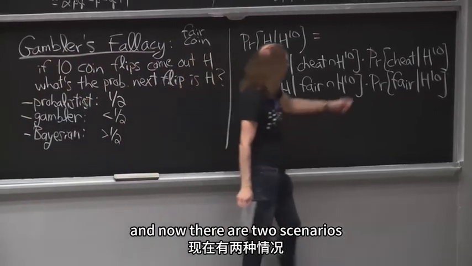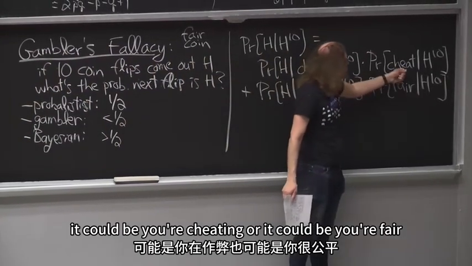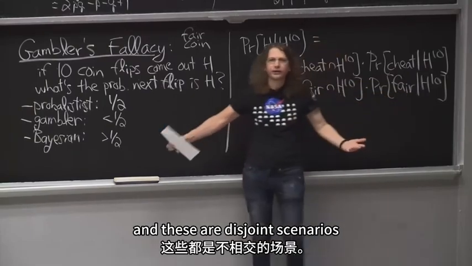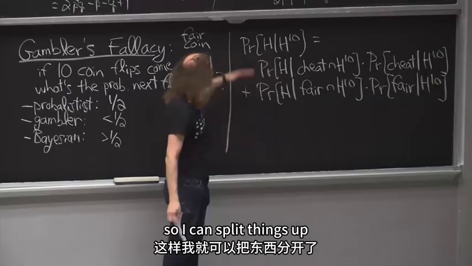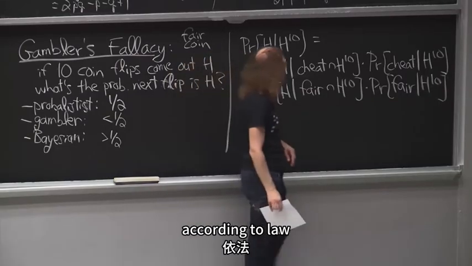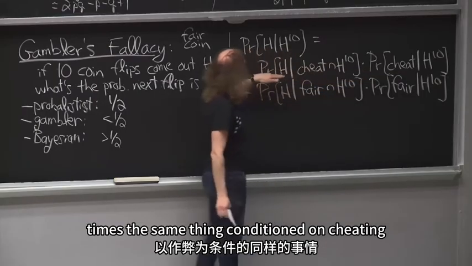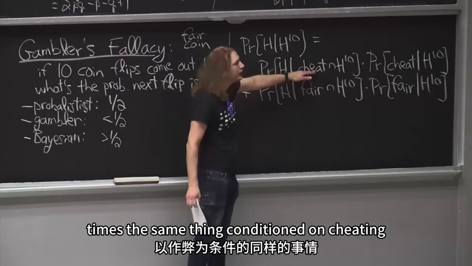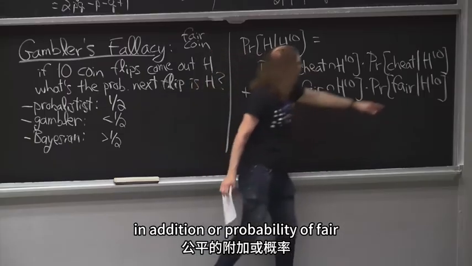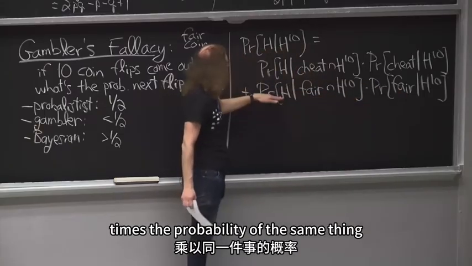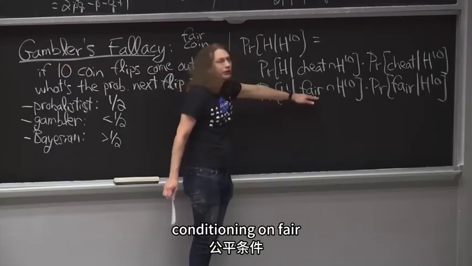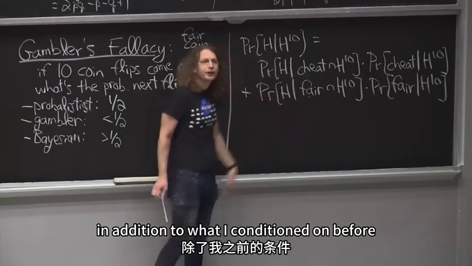Now there are two scenarios. It could be you're cheating, or it could be you're fair. And these are disjoint scenarios. So I can split things up according to the law of total probability as the probability of cheat times the same thing conditioned on cheating in addition, or probability of fair times the probability of the same thing conditioning on fair in addition to what I conditioned on before.